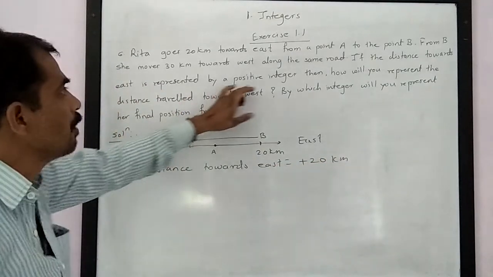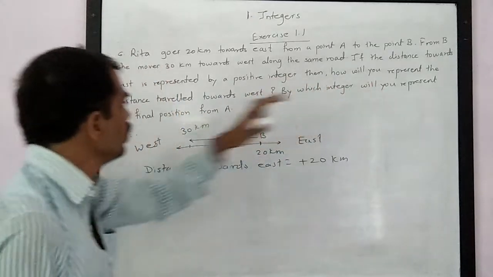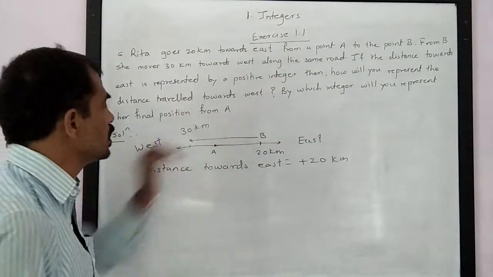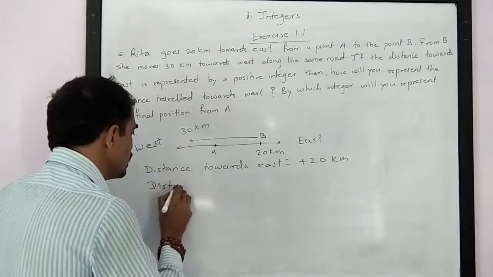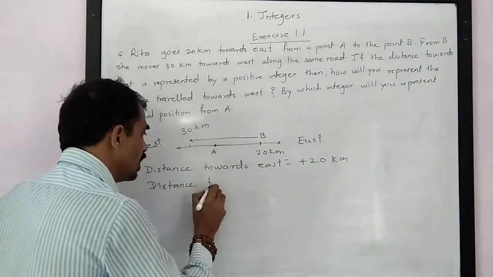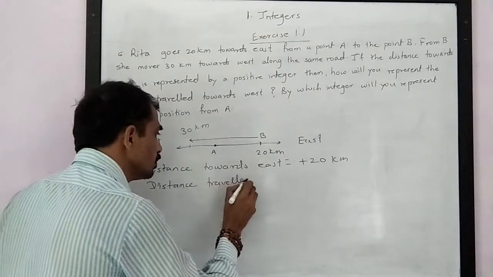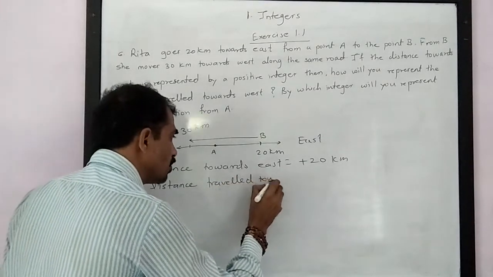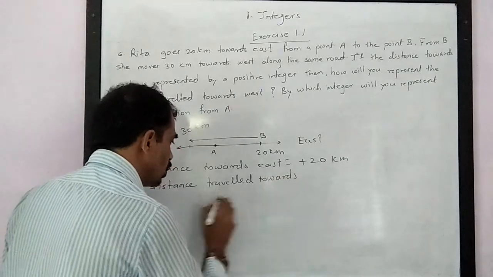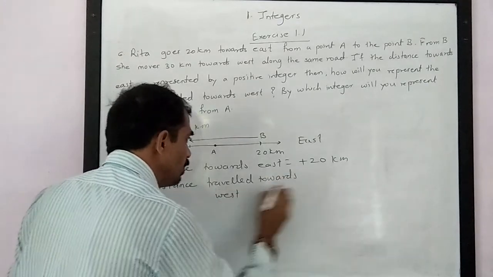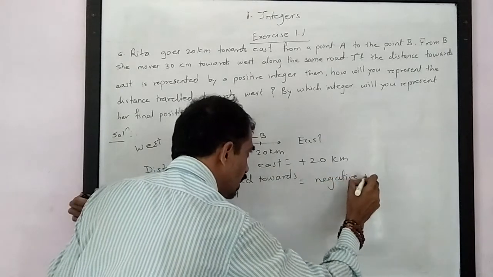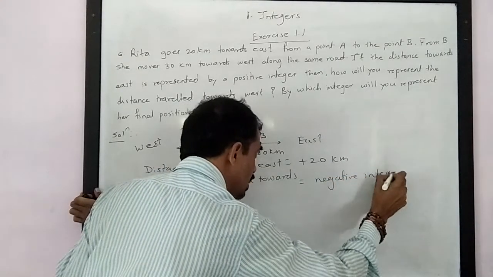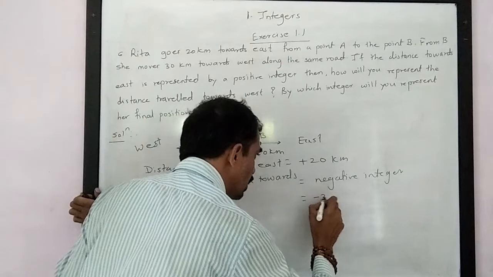Then how will you represent the distance traveled towards west? The distance traveled towards west will be represented by a negative integer, and this is equal to negative 30.